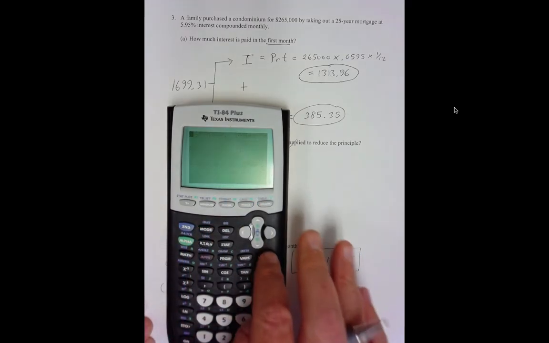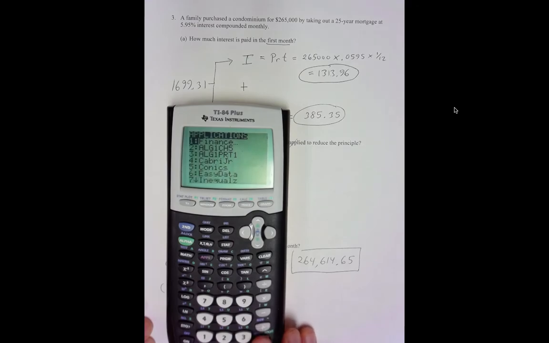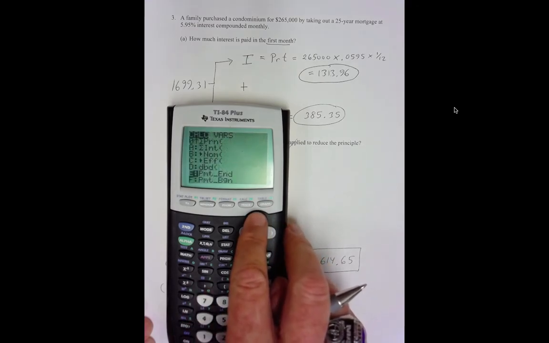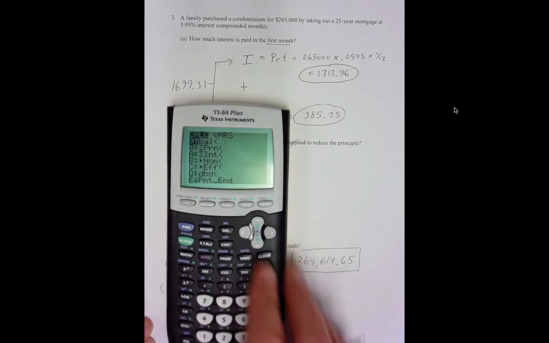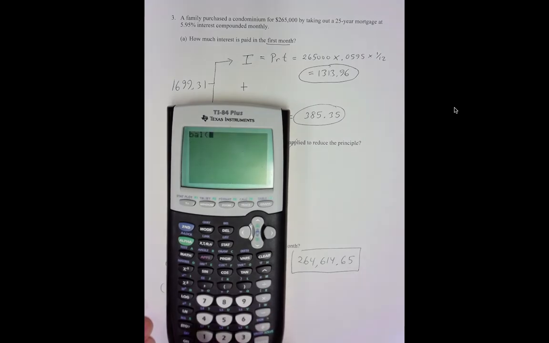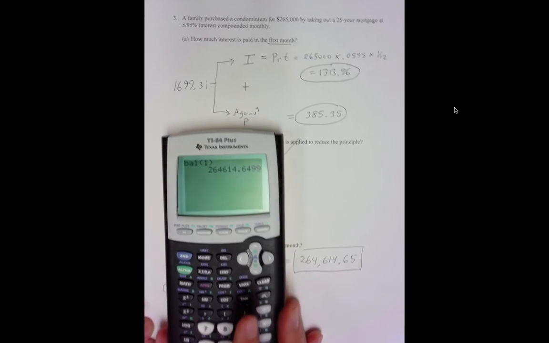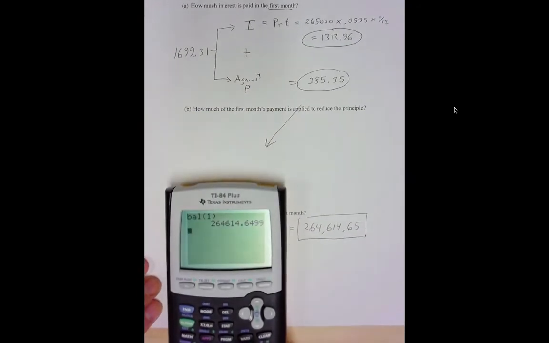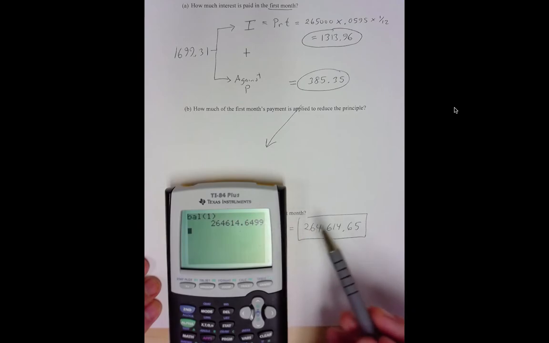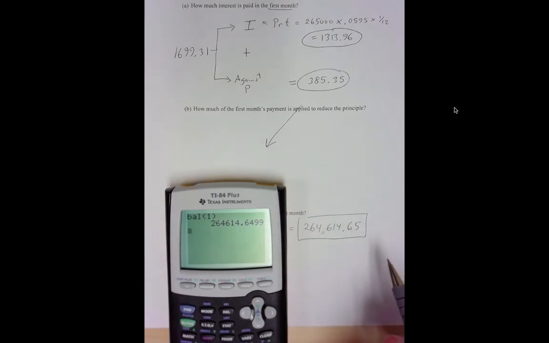Oh, guys, I'm going crazy here. All right, that has to be in the home screen. And what you'll see is something that looks very familiar to what we just got. This number and this number are the same because they should be.